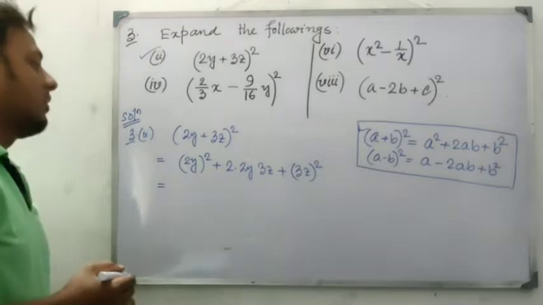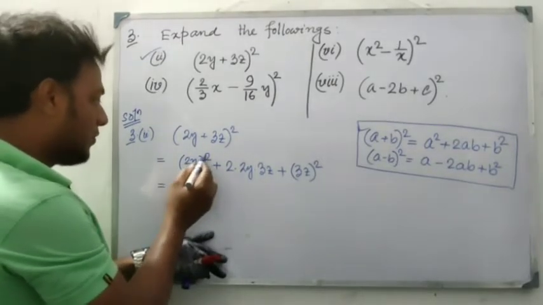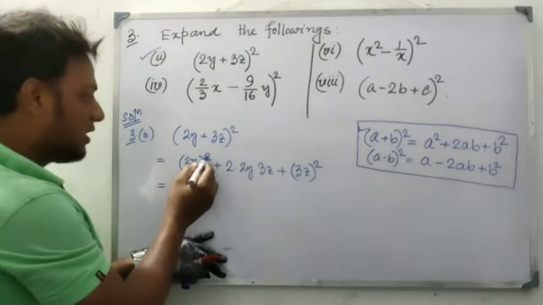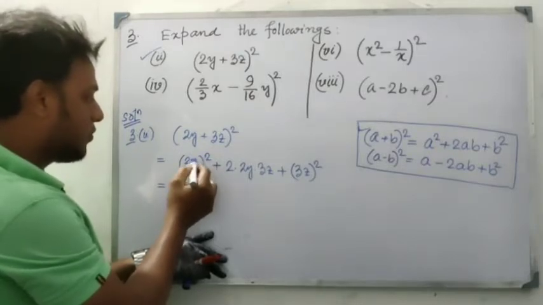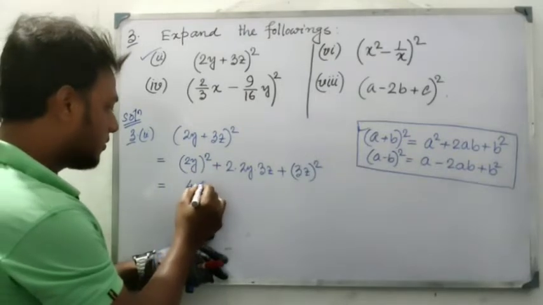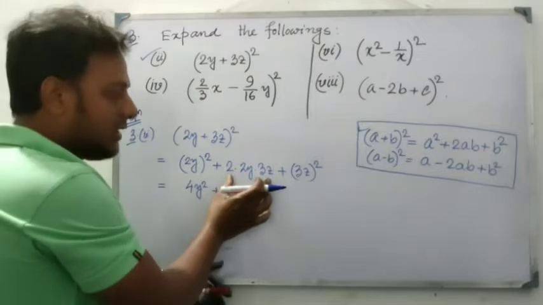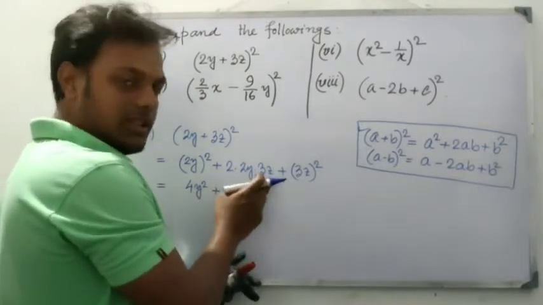(2y) whole square means we have to distribute this square over all the factors. So 2 square means 4 and y square is y square, plus we multiply these 3, 2 into 2y into 3z.